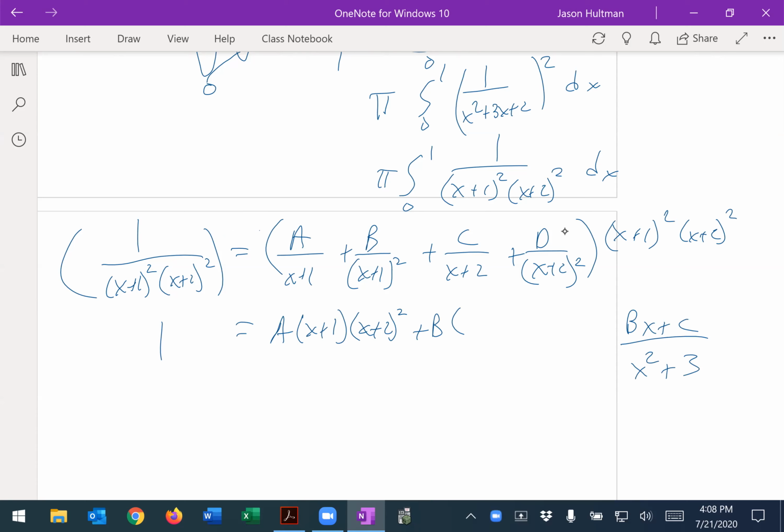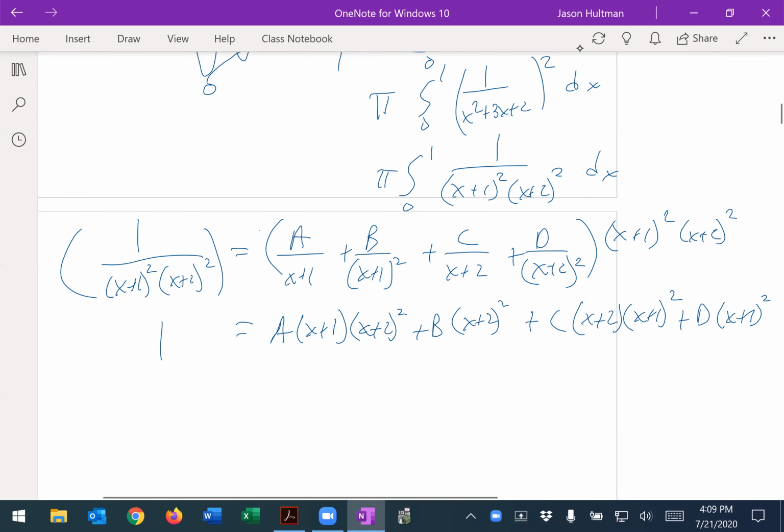You need to know whether these are linear factors or quadratic factors. If it's a quadratic factor, then you have a linear numerator. If it's a linear factor, then it's a constant numerator. It always goes down by 1 power. Then b times x plus 2 squared, and so on with x plus 1 squared.